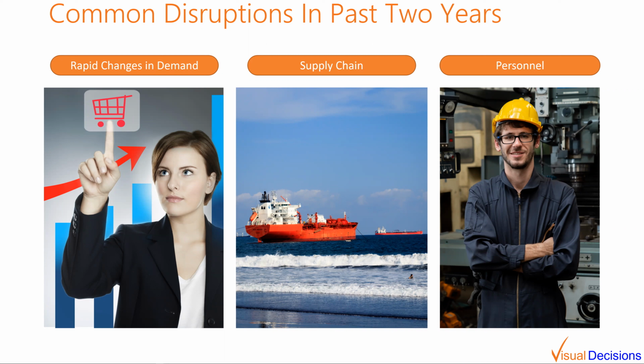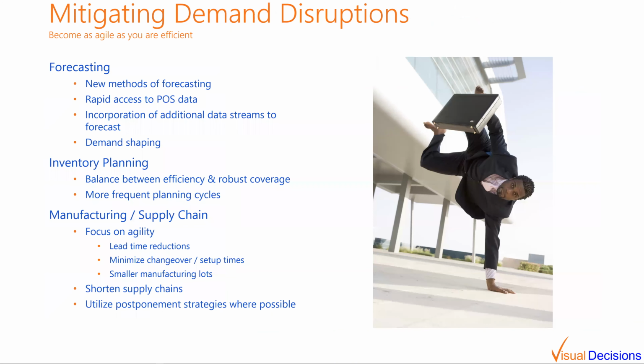And so if we look at what can be done by businesses to address or at least mitigate each one of these different common disruptions and still perform well as a business, we can take a look at some of those in turn.